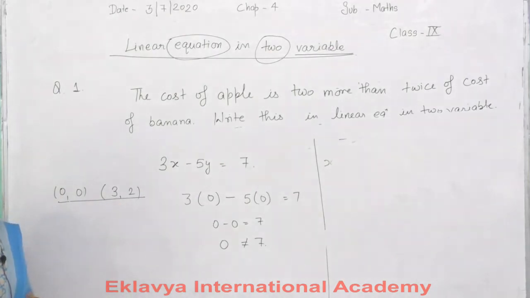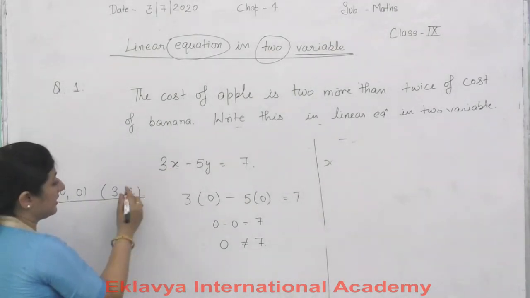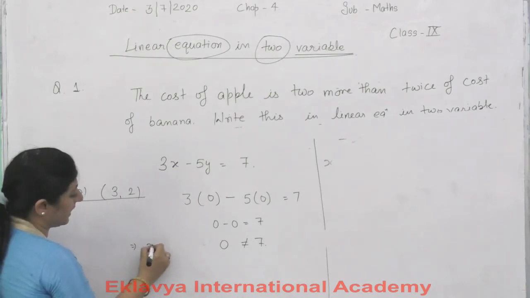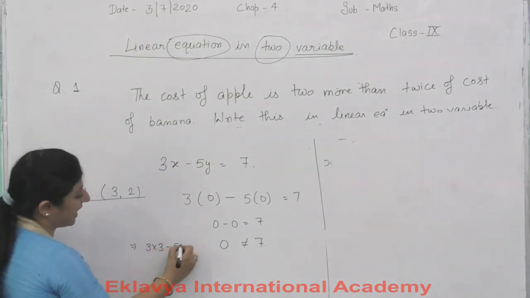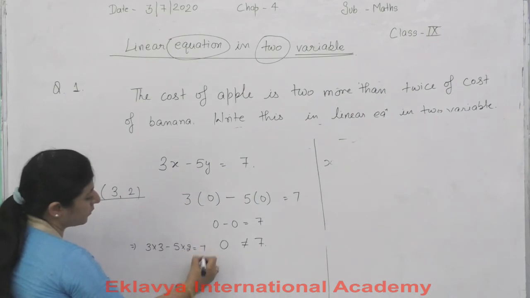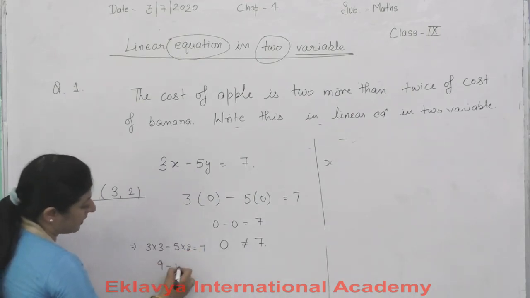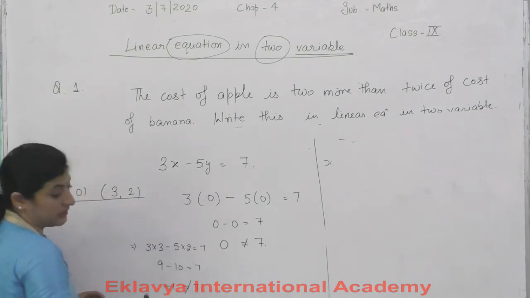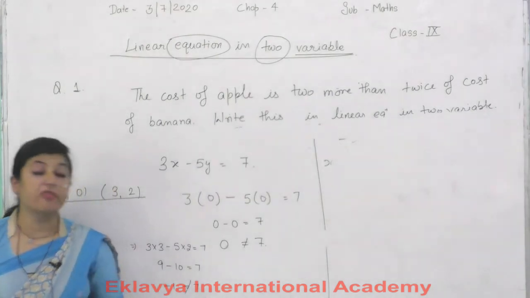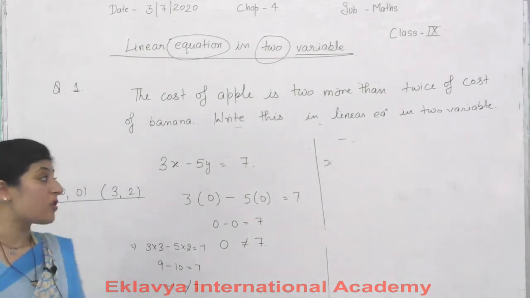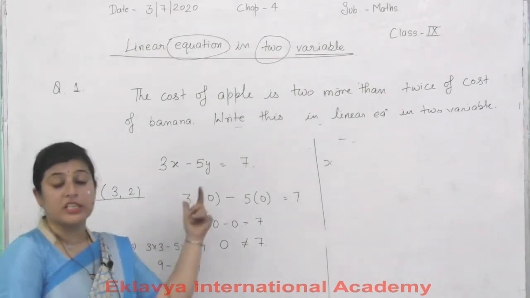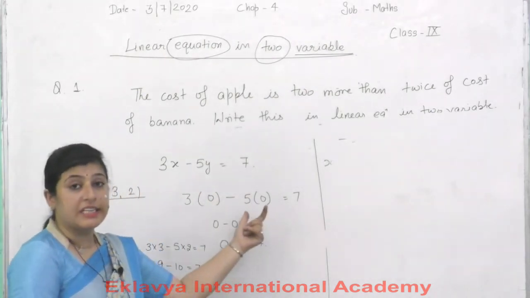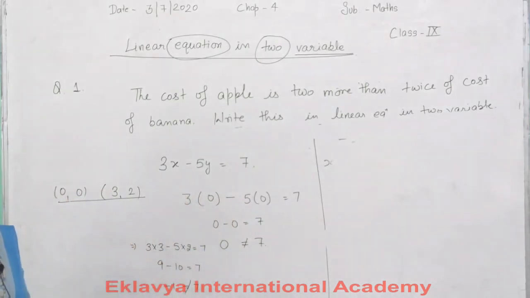Similarly, we can check like this. 3 multiplied by 3 minus 5 multiplied by 2 is equal to 7. 9 minus 10 is equal to 7, minus 1 is equal to 7. Minus 1 does not equal 7. It means this ordered pair is also not a solution of this given equation.